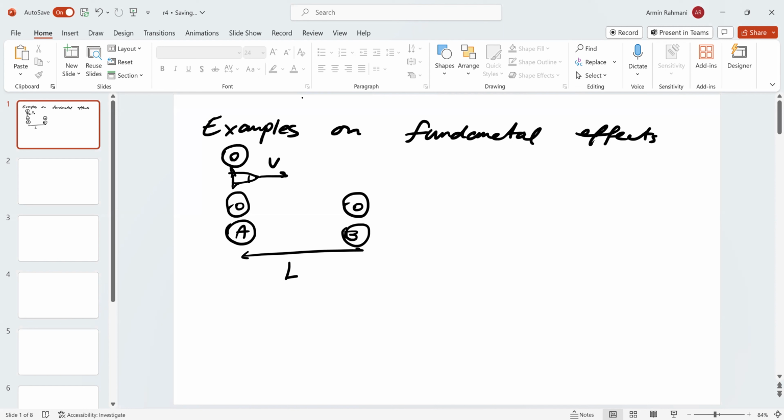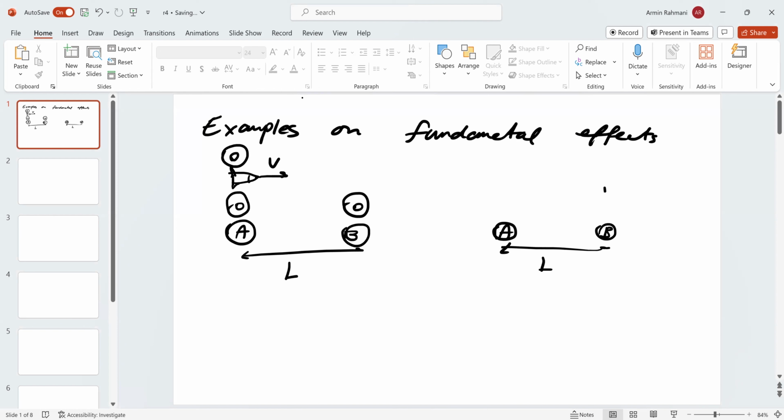Okay. So in the frame where the planets are stationary, how long does it take for the rocket to reach from A to B? Well, it travels a distance L with velocity v, so it should take L over v. So when the rocket reaches planet B, so again, this is A, this is B, this is L, we're still working in the frame of the planets.